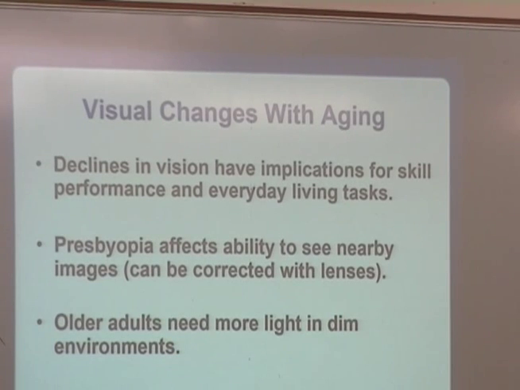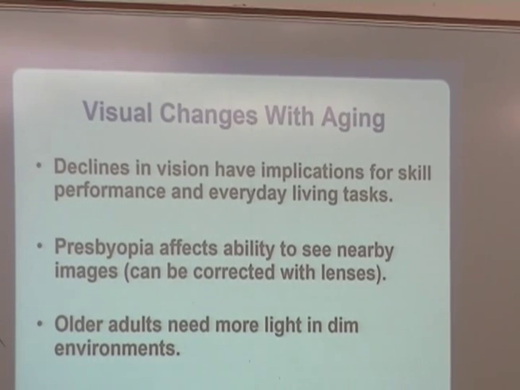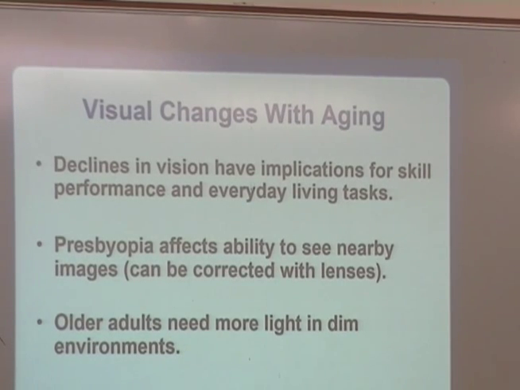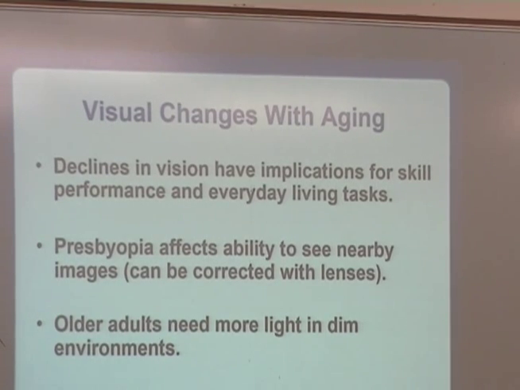If you watch your parents, you're going to start seeing changes in behavior due to this, right? They may start wearing glasses when they never wore glasses. Even if they don't start wearing glasses, you might see them turn a light on when before they never would have turned that light on to do that job, right?